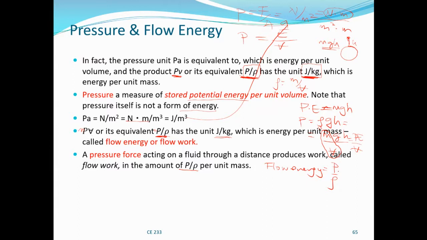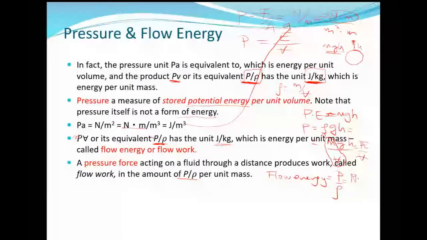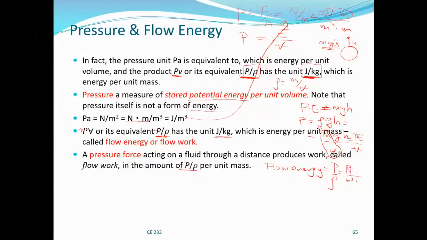And if you divide this, what do you have as the unit? Pressure is Newton per meter square. Density is mass per volume. Okay, so you can see, mass per volume.